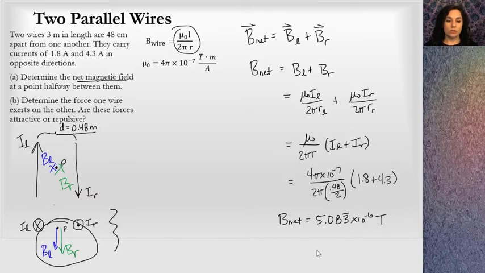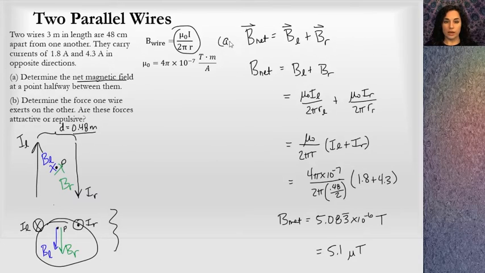And you can simplify that to be 5.1 microtesla. Okay, so right in the center there. If you wanted to find it for a different point, you would have a different radius for the left, a different radius for the right. You would have to figure out the direction of the magnetic fields depending on what region it is. But for this situation, it was fairly simple and straightforward.